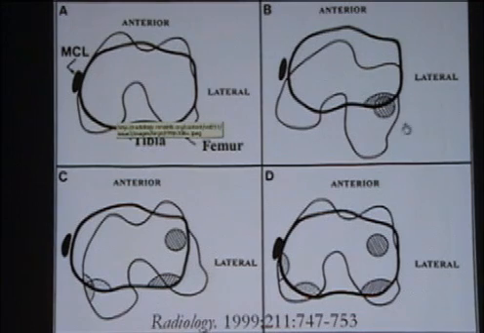When that happens, the mid portion of the lateral femoral condyle impacts the posterior margin of the lateral tibial plateau. Those are what are classically known as the kissing contusions, and that's where they occur.